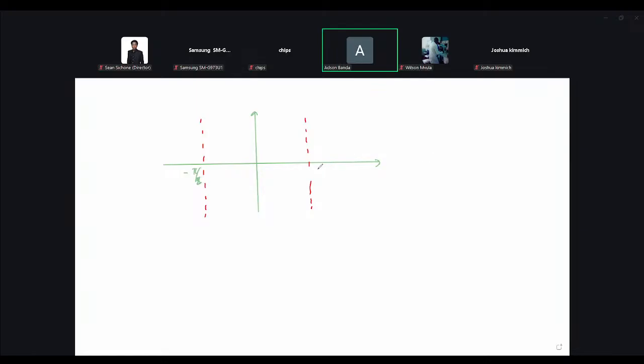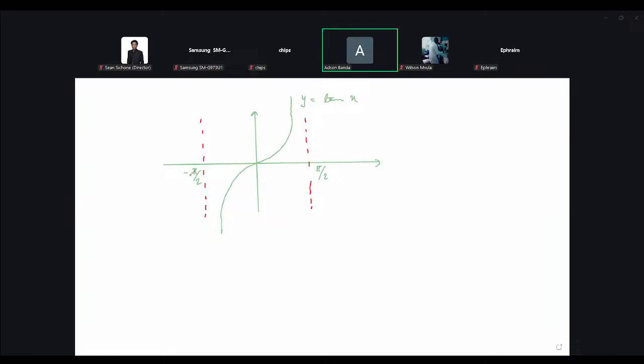It is undefined there, and we saw that that was an asymptote. So our graph for the tangent was given as this. That was the graph of y is equal to the tangent of x.